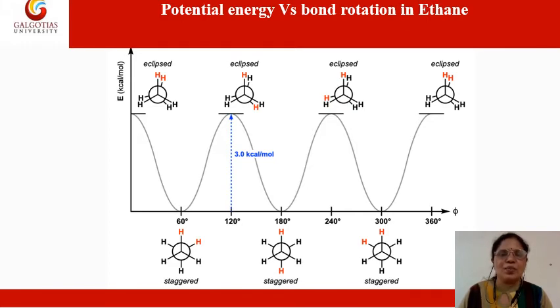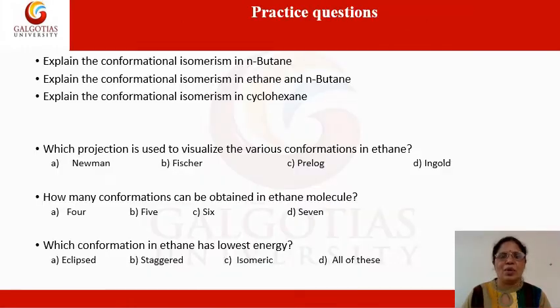The eclipsed conformations have higher energy, that means they are less stable, and the staggered conformations have less energy, that is the ground state. The difference in energy is 3 kilocalories.